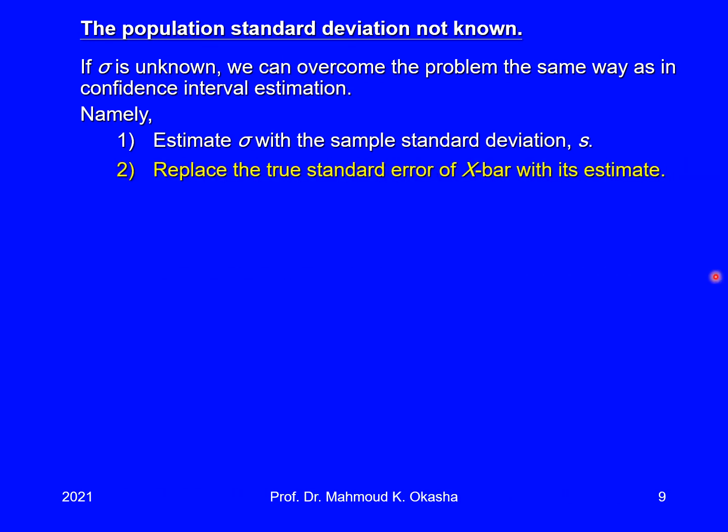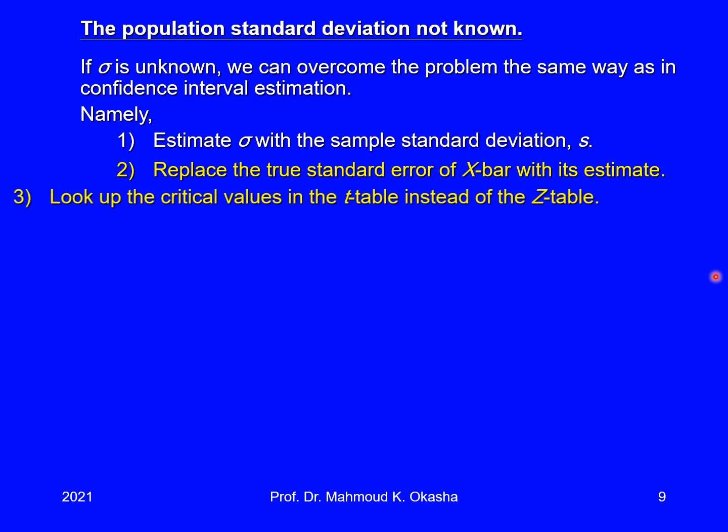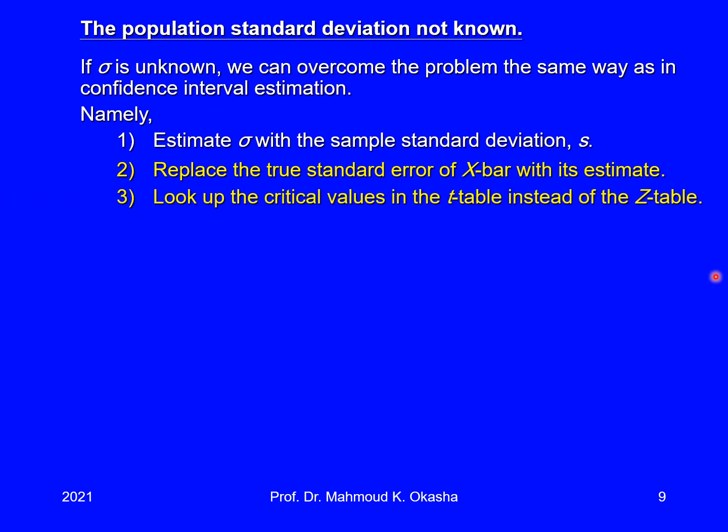In that case, the standard error of X bar is replaced by its estimate. So we have the same formula for this statistic, but the sampling distribution will change. Instead of Z, it will be T, the student T distribution.